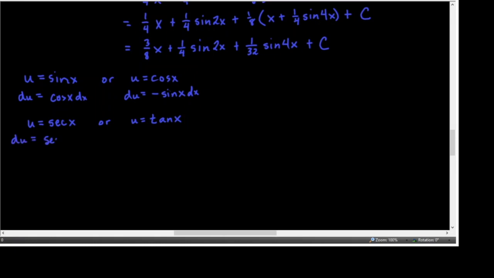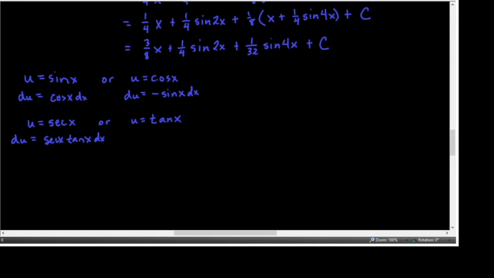Well, it's secant x tangent x. The secant of x, its derivative is going to involve itself and the other function, tangent of x, each one raised to the first power.